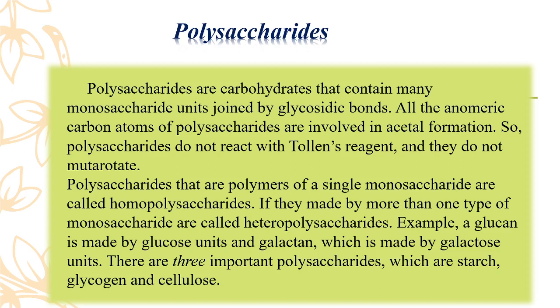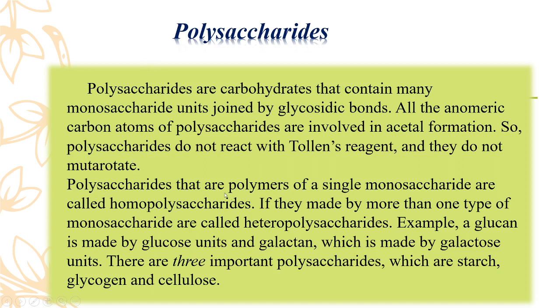But in the polysaccharide, there is no OH group on the anomeric carbon, because the polysaccharide is formed when the anomeric carbon of the first monosaccharide reacts with the OH of the second. That means on the anomeric carbon there is no free OH; there is a glycosidic linkage. Therefore, it cannot react with Tollens reagent and it cannot mutarotate.